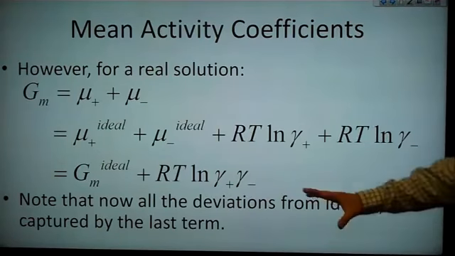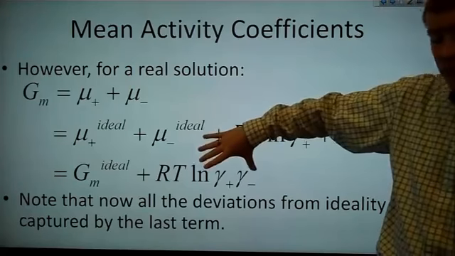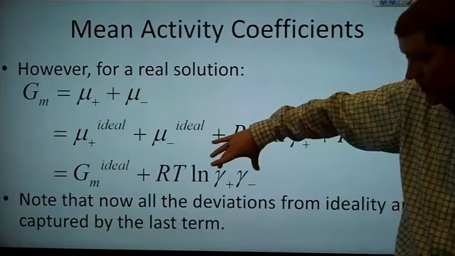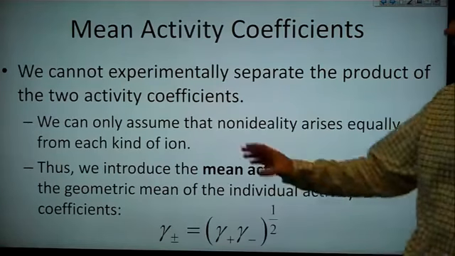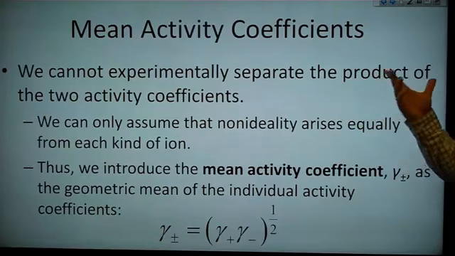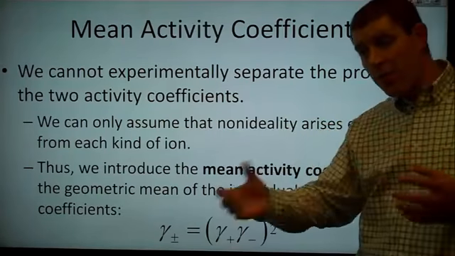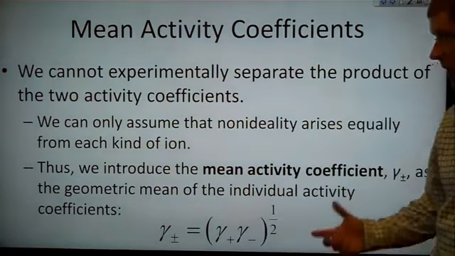And so now, note that all of our deviations from ideality are captured only by this last term, right? It's all just here in these two gamma terms. And we can't experimentally separate the product of the two activity coefficients, because we can't have just a solution of cations and just a solution of anions. We have to keep them mixed.